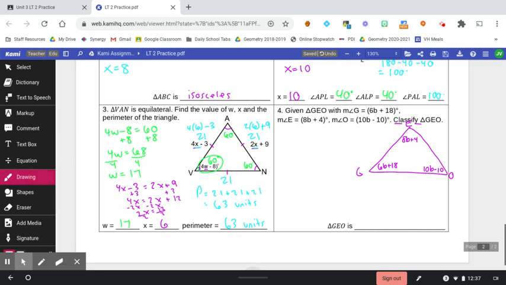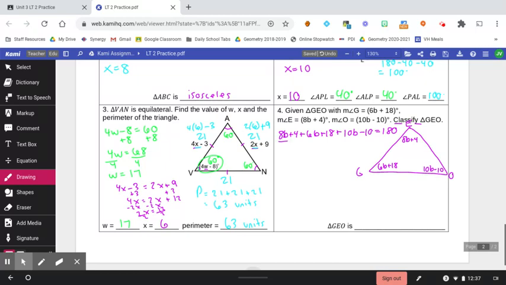So that's how I'm going to solve for B. So I'm going to add the 3 angles together, equal to 180. Once I solve for B, I'll plug it in to each angle, substitute it in, and then see if I have any equal angles.